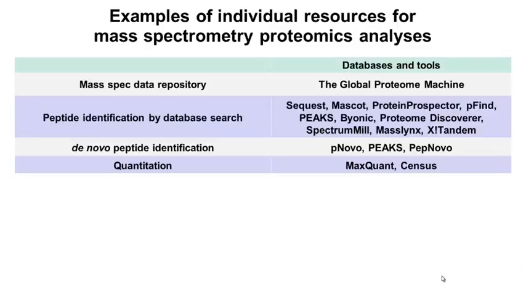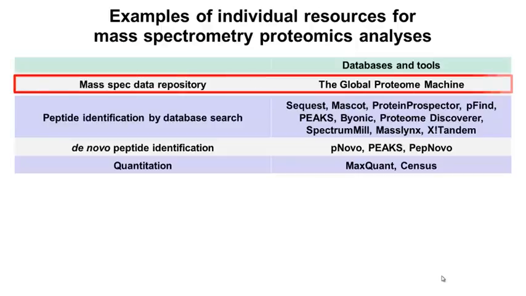Because of the limited time, we didn't cover enough of mass spec proteomics analysis in this MOOC. I'd like to show you some of the databases and tools on this slide. Other than the large mass spec data repository PRIDE at EBI, the Global Proteome Machine, GPM, also contains lots of mass spec data.